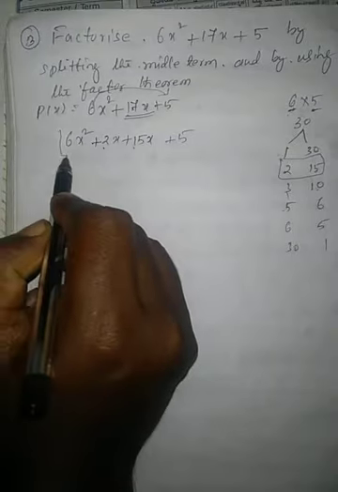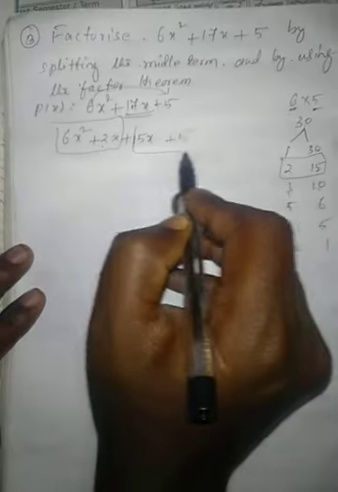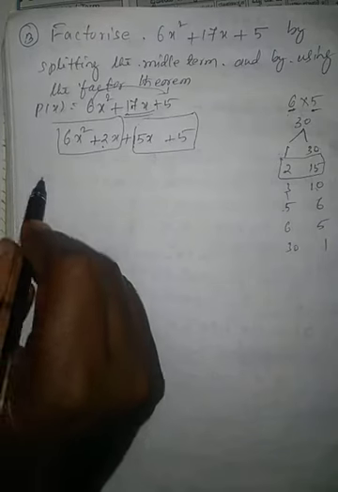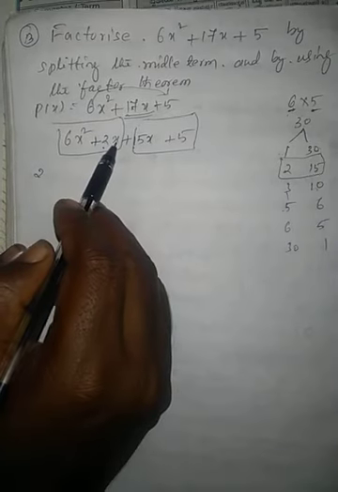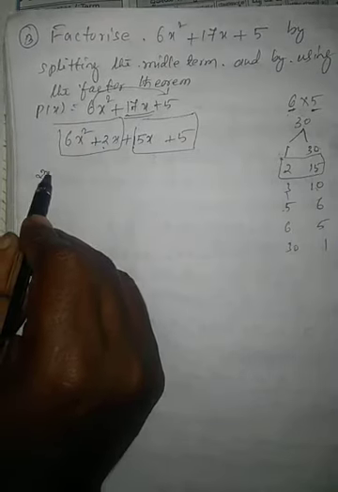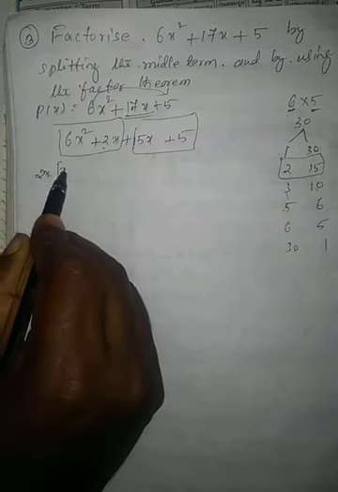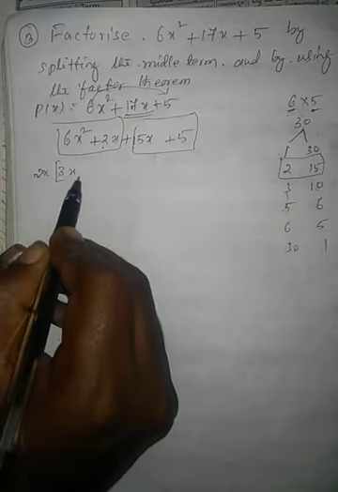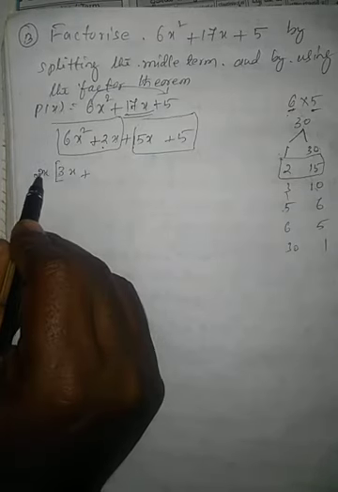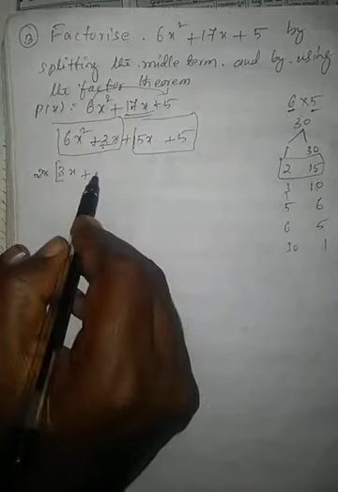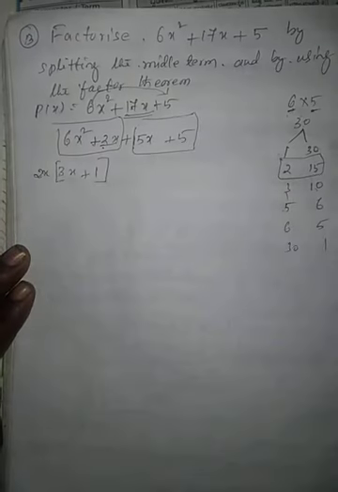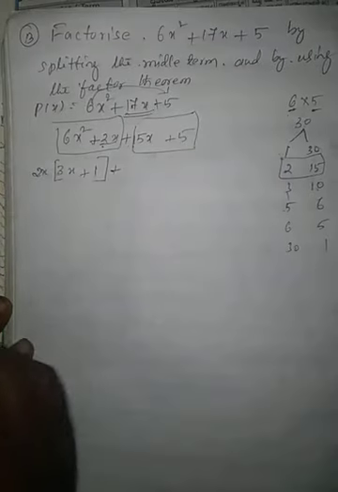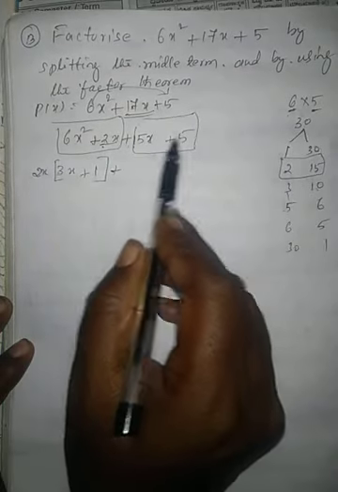Now make groups, the first two terms and then the next two. In the first group, the common factor of 2 and 6 is 2, and x is also common. So 2 into 3 is 6, and x into x is x squared; then 2x, taking common factor 2x, leaves 1. So the first group is complete.